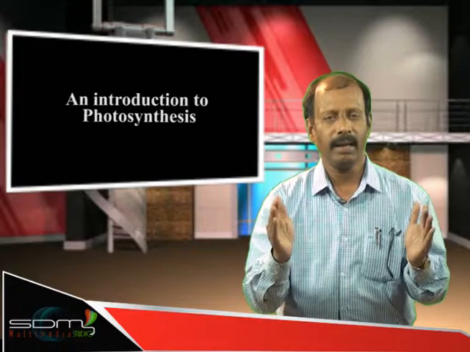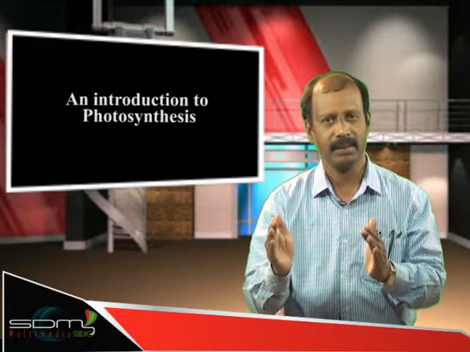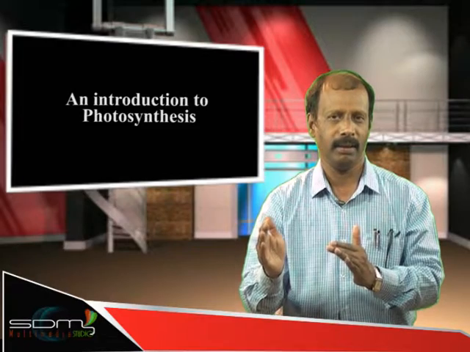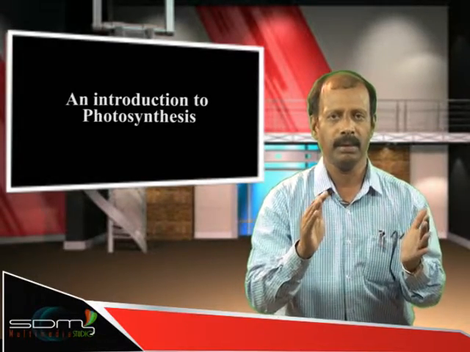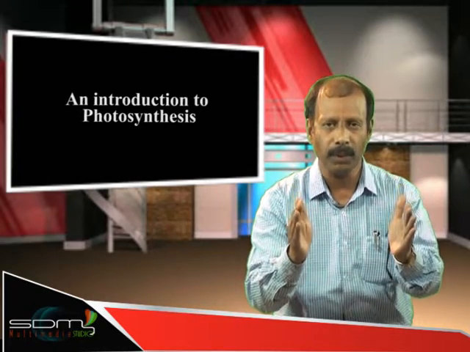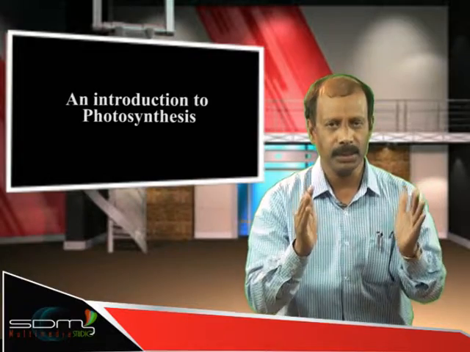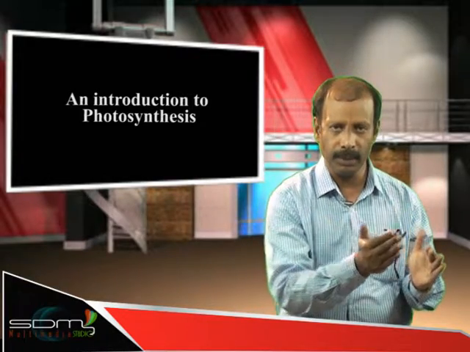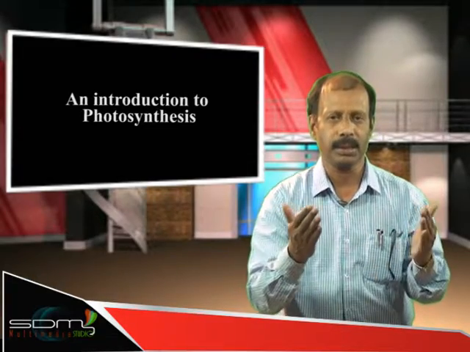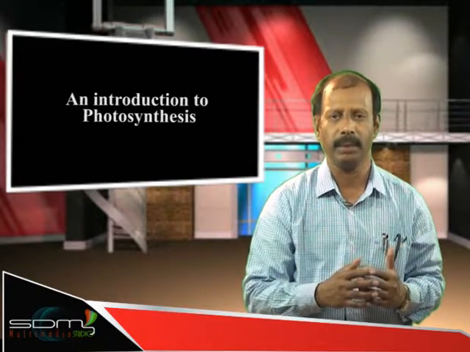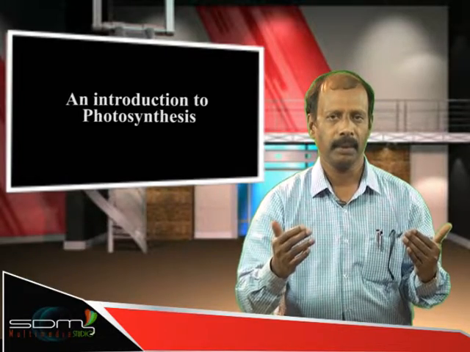The electron carriers include A0, A1, Fx and FAB. There are 2 photosystems, photosystem 1 and photosystem 2. Photosystem 1 is associated with these electron carriers, whereas photosystem 2 is associated with pheophytin and plastocyanin.